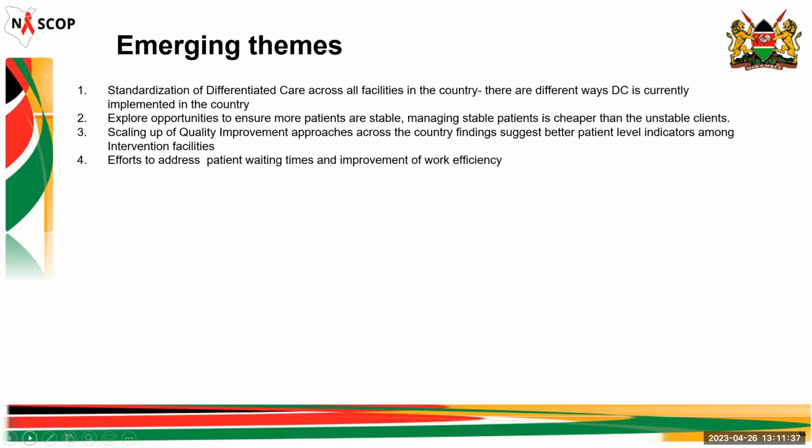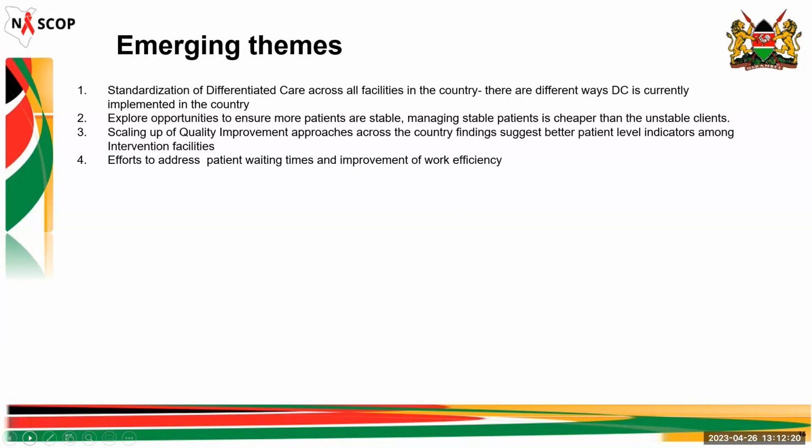At the time when we were implementing in 2017, 2018, 2019, DC was relatively new in terms of implementation in the country, and how that was implemented or understood across different facilities, there was a bit of variation, and it was a good learning process for us to also see how we standardize some of the issues across facilities so that the understanding of what it means to be on differentiated care is uniform across, and people can learn from each other as best practice to accelerate implementation.